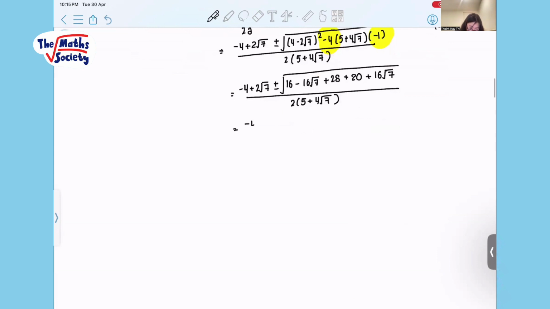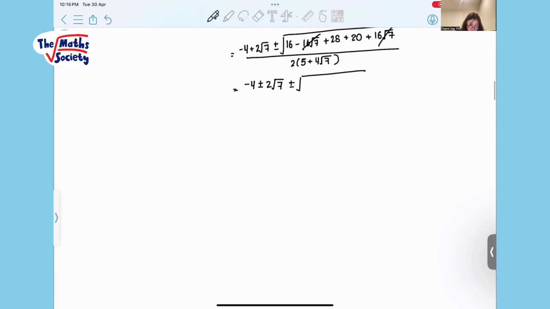Let's just leave this first and solve the upper one first, yeah? So it'll be minus 4 plus or minus 2 root 7. And then here you have minus 16 root 7 and plus 16 root 7, which is going to go away. So you have plus or minus, and then you add 16 plus 28 plus 20. You'll get 64, divided by 2 times 5 plus 4 root 7. So it's just plus here.